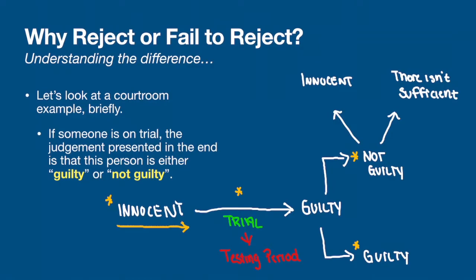So again, not guilty means that someone is innocent, or it could mean that there isn't sufficient evidence to prove otherwise. Now, the other outcome is that you're guilty. And what this means is there is sufficient evidence to say that maybe you did commit the crime.